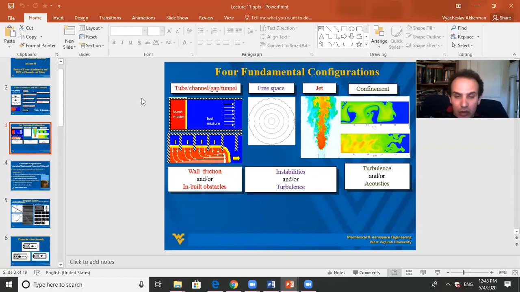And you know why I classify it like this? It's not a classical classification. It's not like premixed to diffusion. It's not like deflagration to detonation. But here I classify by mechanism, by the reason why the flame is corrugated. And here on the left-hand side, we have wall friction and obstacles, which provide even faster acceleration.